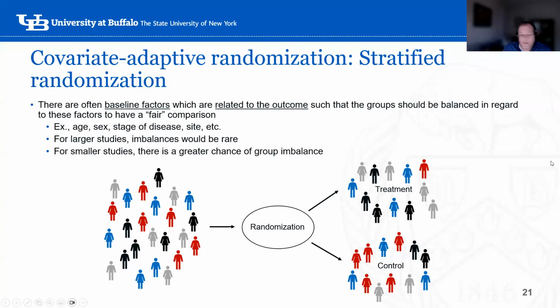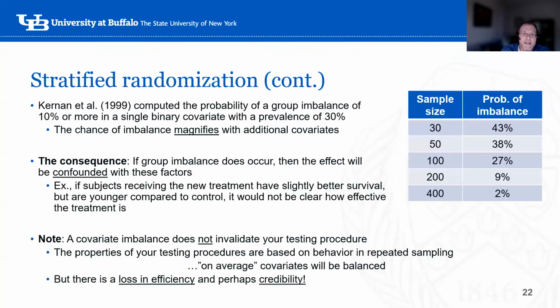Something like this would not be that unlikely to see in your study data. And this is something that's been well studied in the literature. In this 99 paper, they did some calculations that if you have a single binary covariate with a prevalence of 30%, and say you consider a significant imbalance of 10% or more, that can happen with really non-trivial probability.